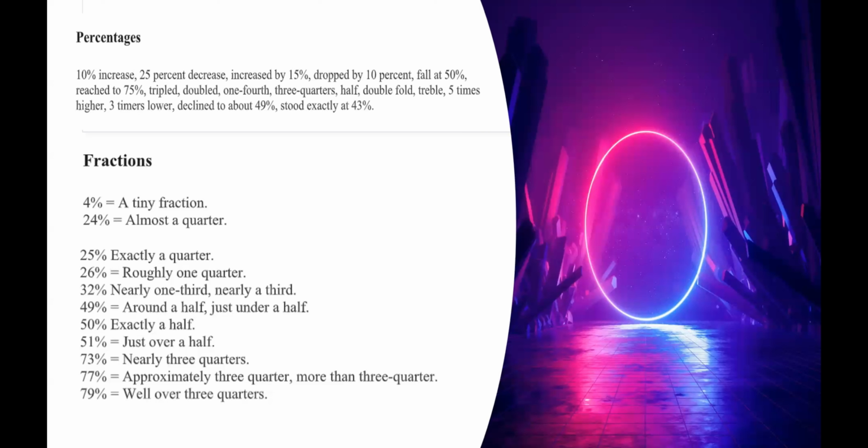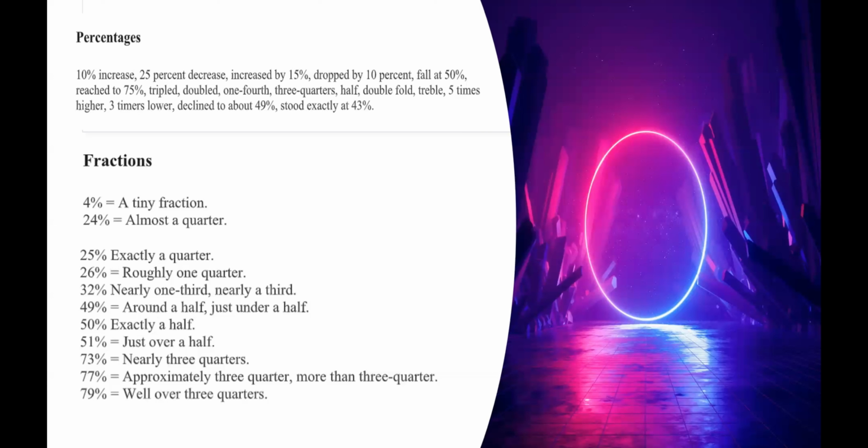Okay. Exactly at 43%. Decline to about 49%. Sometimes you can see 50. Okay? But not exactly 50. It is around. It's about 49. It is between 49 and 51. Right?